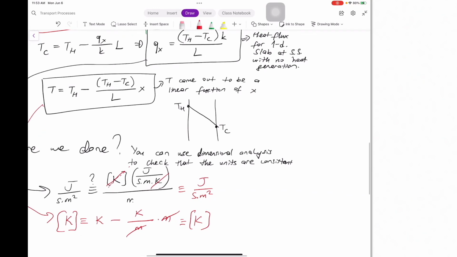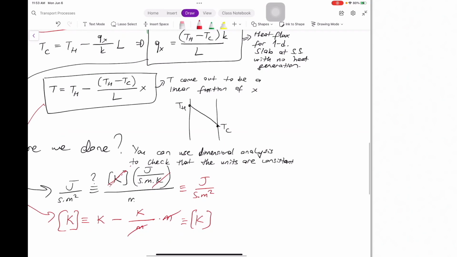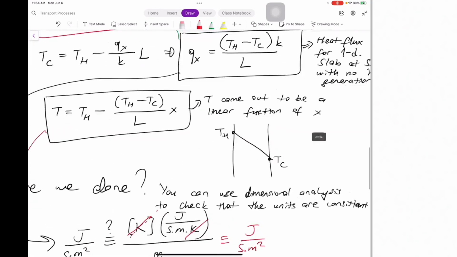Another thing you should check is whether the equations make sense. For example, if you increase the x, you see that the temperature decreases because there's a negative sign here, because this is a positive number and this is a negative number. So if you increase the x, you should have the T decreasing. That's the correct behavior. That makes sense, right?